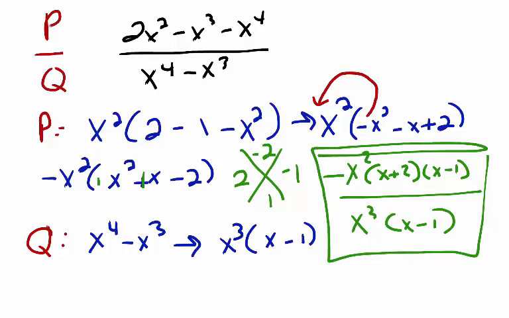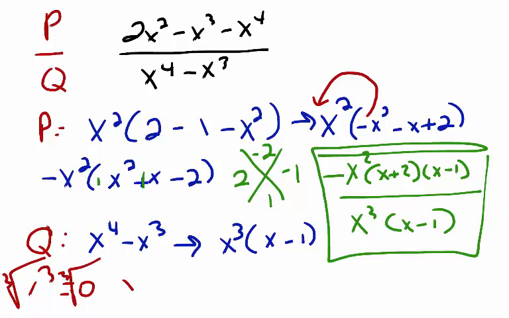And now that the numerator and denominator are completely factored, I need to look at what restrictions I have in the domain of my function, or my rational expression. And I do that by setting each factor in the denominator equal to 0 and solving. I have the factor x cubed equals 0, which I can solve by taking the cube root of both sides.